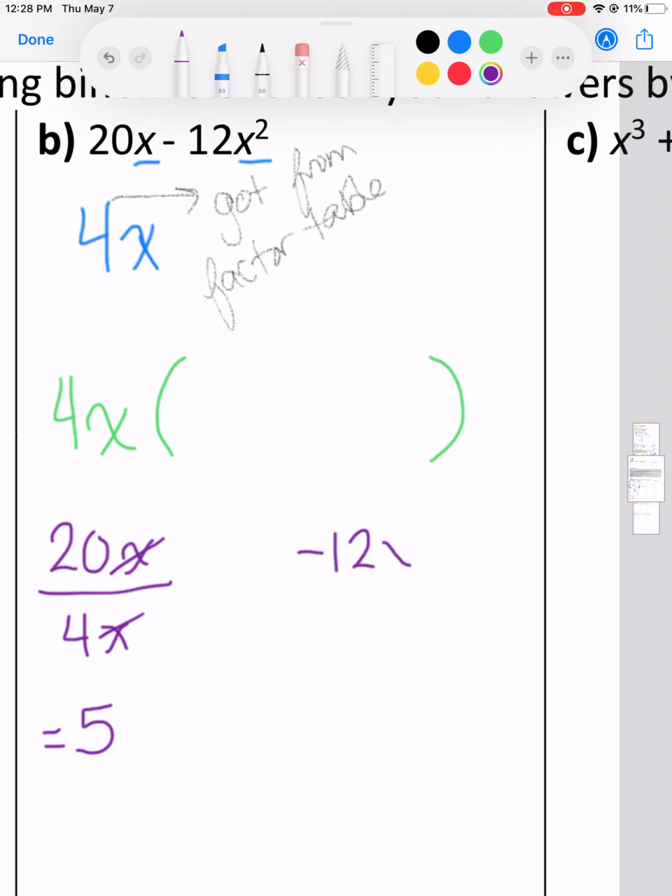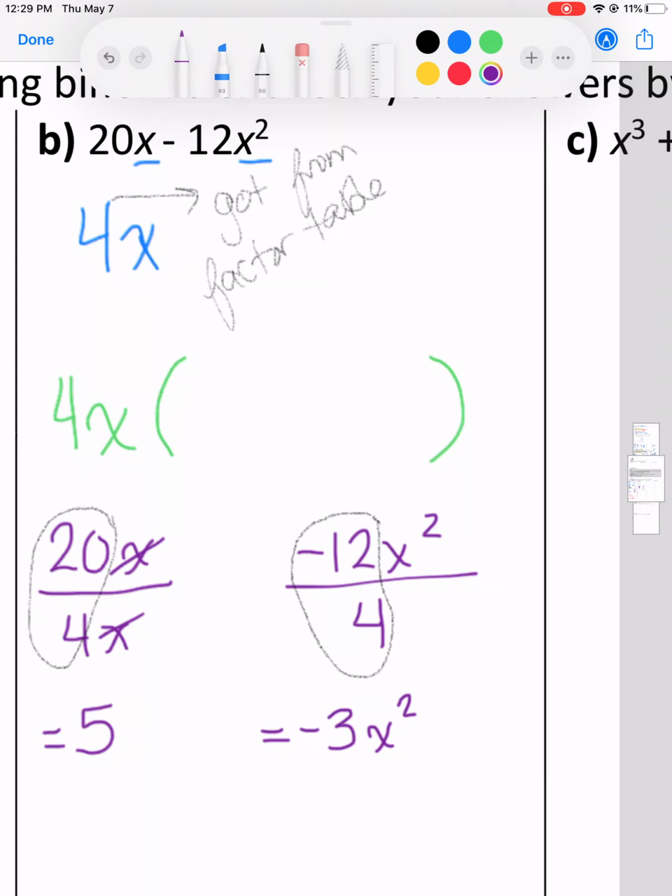Negative 12x squared divided by 4x. Well, what's negative 12 divided by 4? Remember, numbers with numbers, letters with letters. Negative 12 divided by 4 is negative 3. If you're unsure, check your calculator.